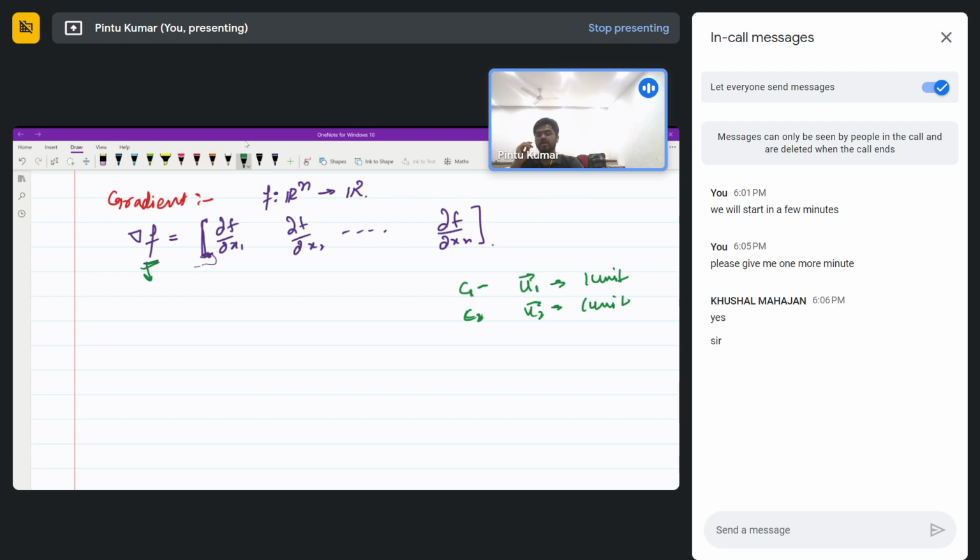That direction is given by the gradient. So the gradient is also called the direction of steepest ascent. The negative direction of this is known as the descent direction. In the negative direction of your gradient, your function is decreasing at the highest rate. So if you move in the opposite direction, your function is decreasing at a rapid rate.